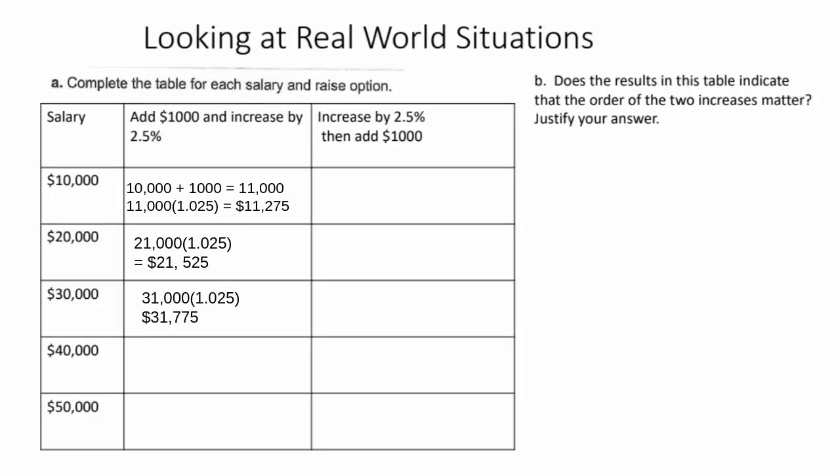And then I'm taking 40, adding 1,000, and multiplying by 1.025 to get 42,025. And then I take 50,000, add 1,000 to 50,000, and multiply by my multiplier. I get $52,275.